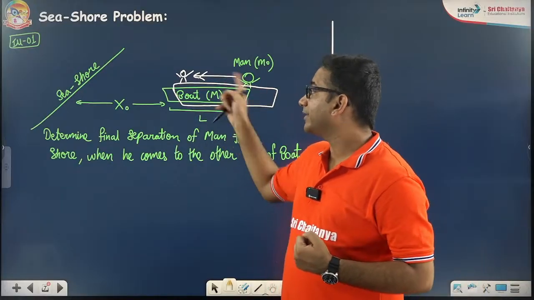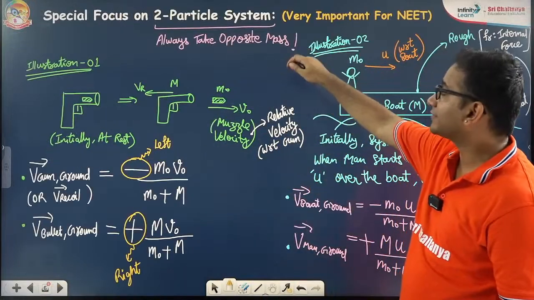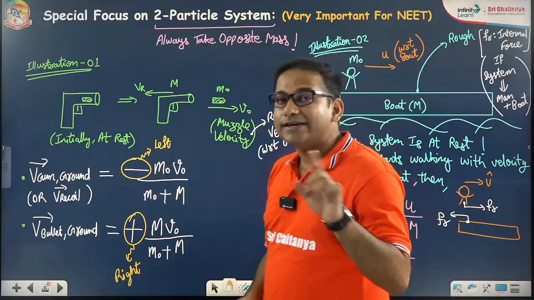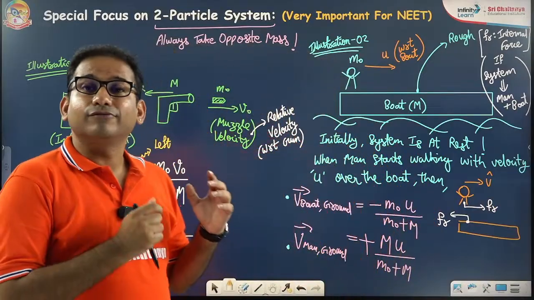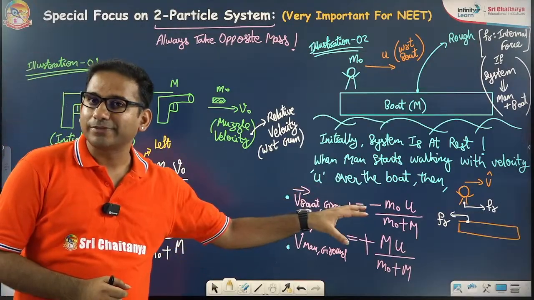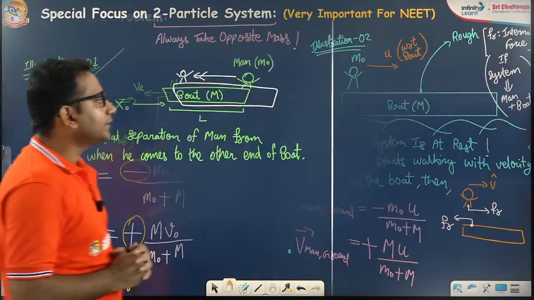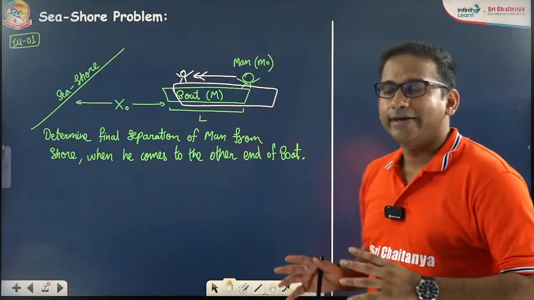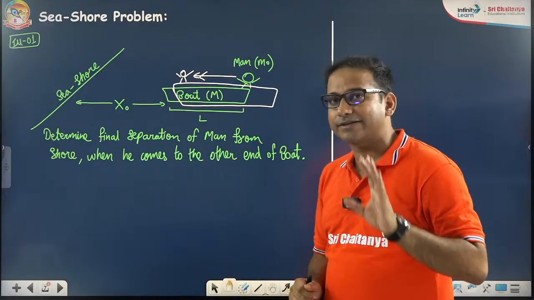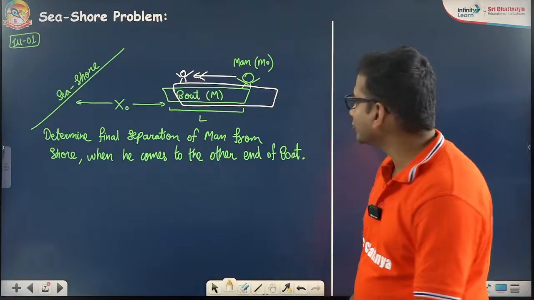So the system's momentum can still be conserved, and whatever pattern we have learned, that always take the opposite mass in terms of velocities, the same pattern can be applied for the displacements. Whatever pattern of taking the opposite mass we have learned for velocity, exactly the same pattern can be applied for separations or displacement here. Otherwise, I can do it the long way, but I want you to write all the answers in one step. So the final answer we will write directly in one or two steps here.